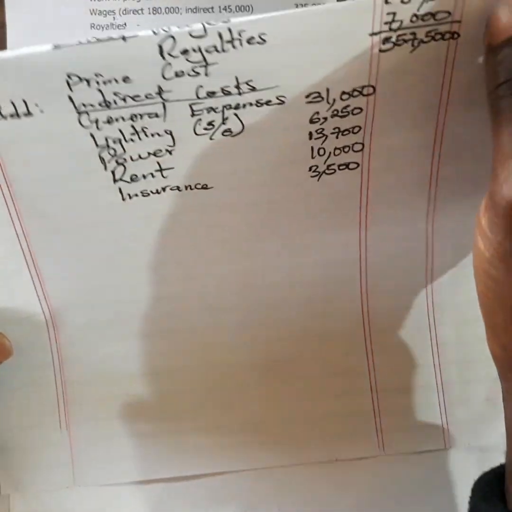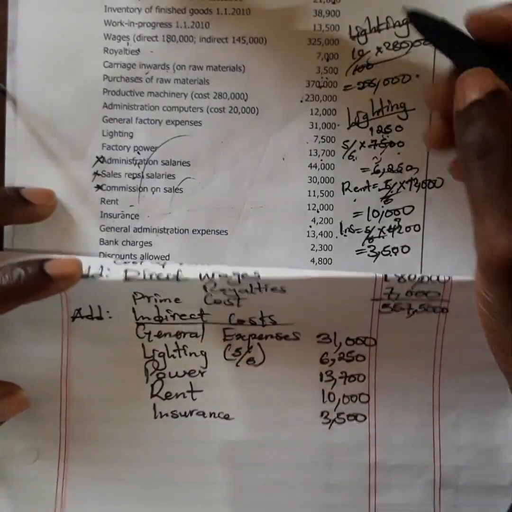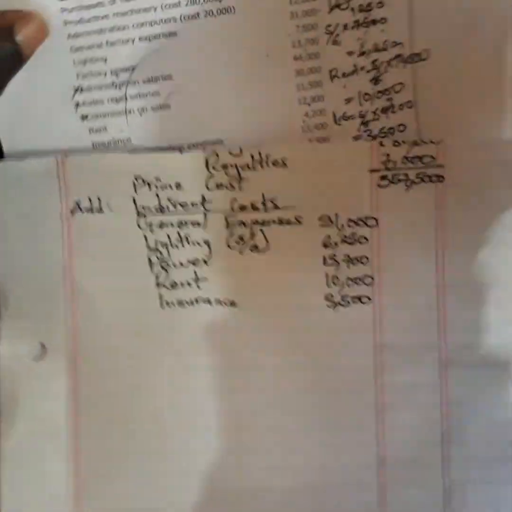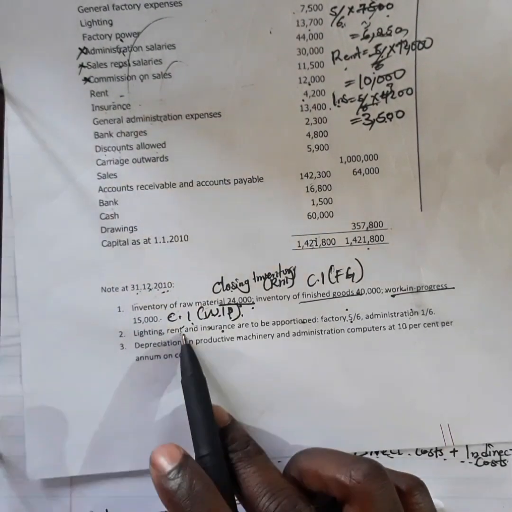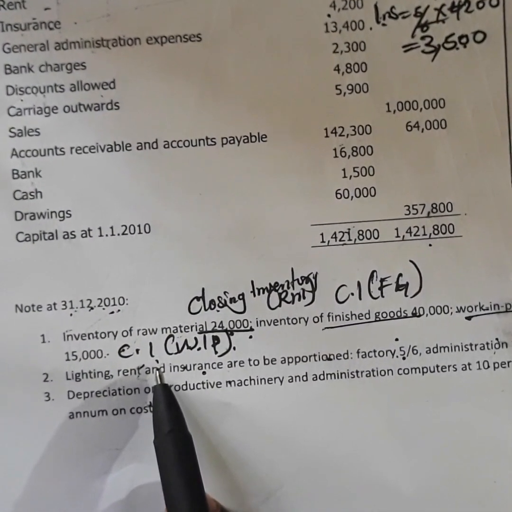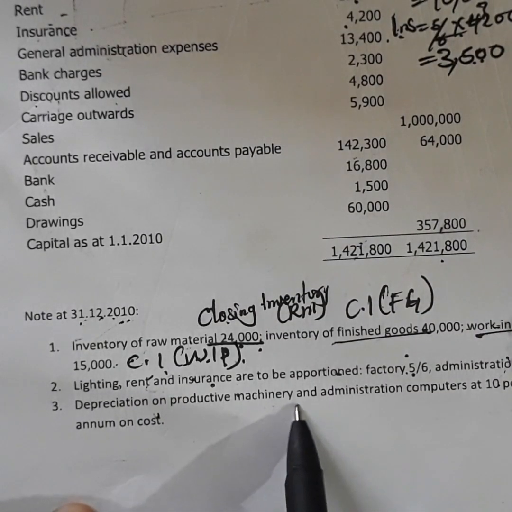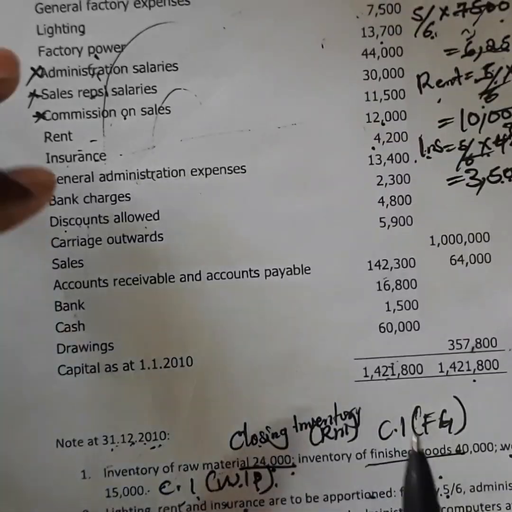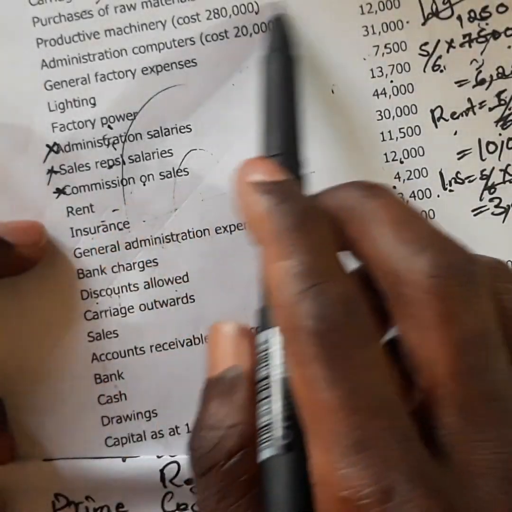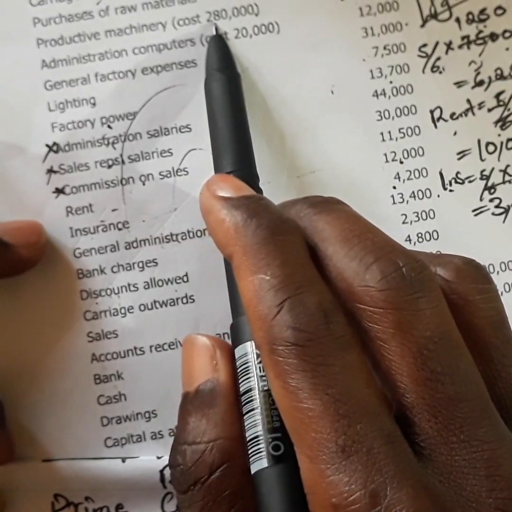Remember we had some adjustment for depreciation, and when you talk about depreciation, we are told that depreciation on productive machine is to be apportioned at 10%. And remember, we have the value of productive machine at cost as 280,000.